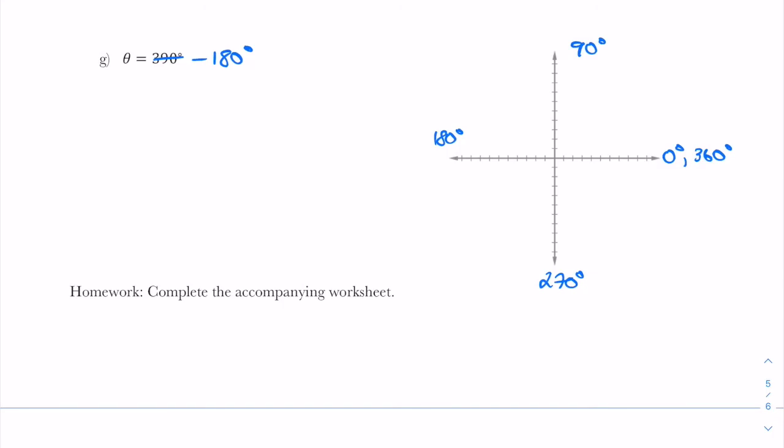So we have to rotate 180 degrees clockwise. That means starting at your initial arm, rotate 180 clockwise, and that's going to put you on the negative x-axis. So I'll get rid of this just to clean up the picture, but we will end up somewhere over here. And notice going 180 degrees clockwise is the same thing as going 180 counterclockwise.